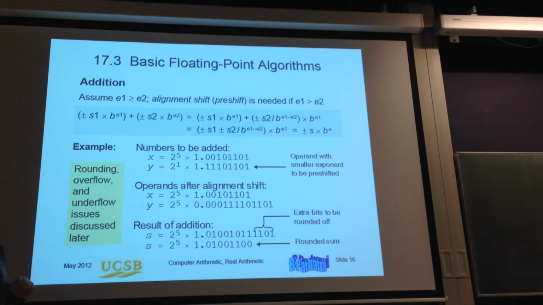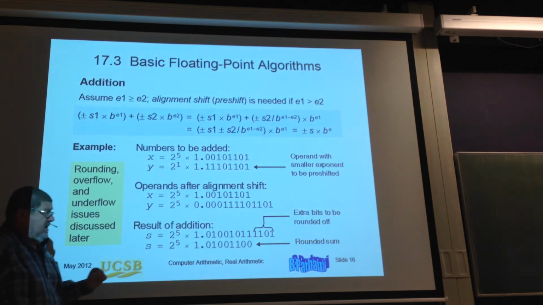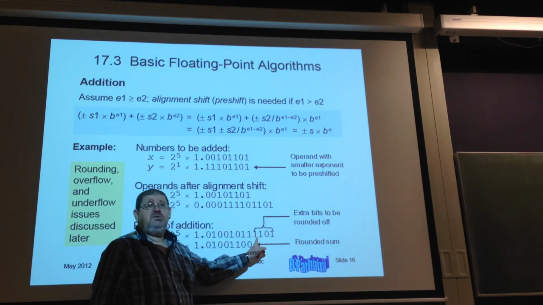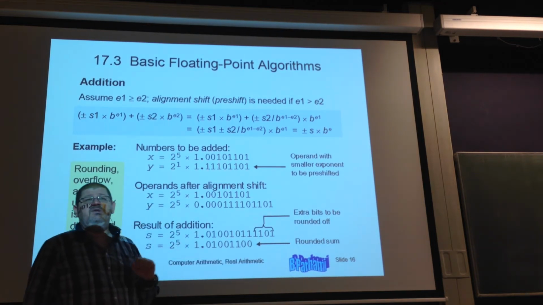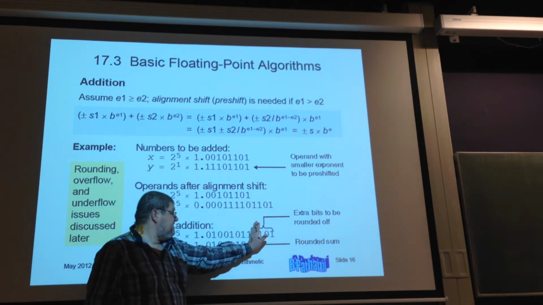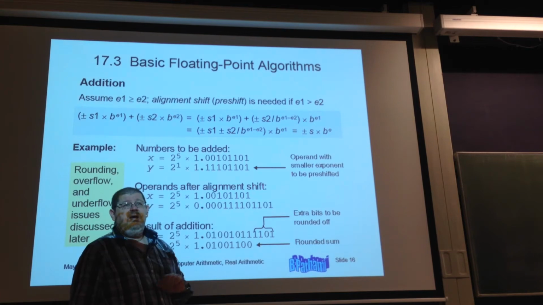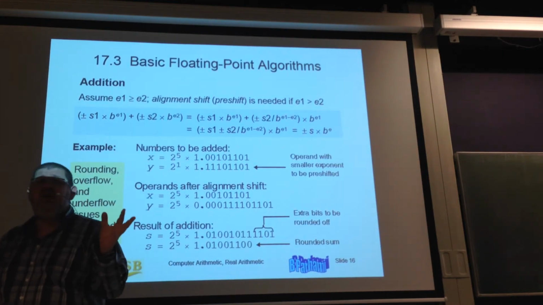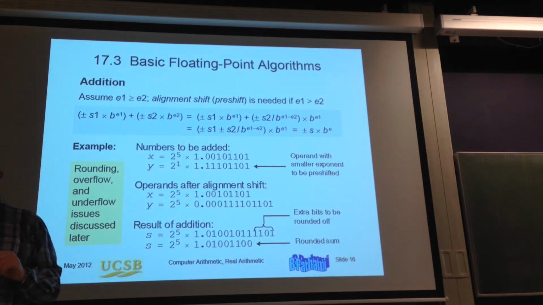Now, in this case, what we have is this result, and there are those bits out. I can drop them, and I can say, this is the result. But if I look at those, they are not far away from being almost 1 unit in the last position.